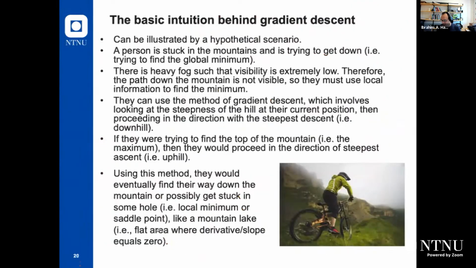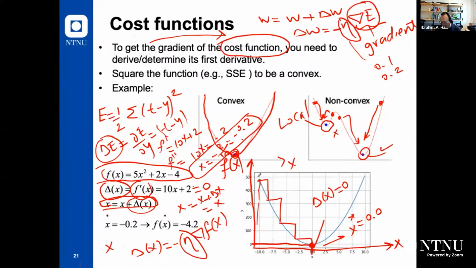If we go back here to this figure, you are starting from some point here, and I need to go in the direction which increases x, because in fact x here is a negative value, right? So if you are starting here, I need to calculate the gradient. The gradient here will be negative because the gradient is a slope, correct? As you can see here, the slope is negative.